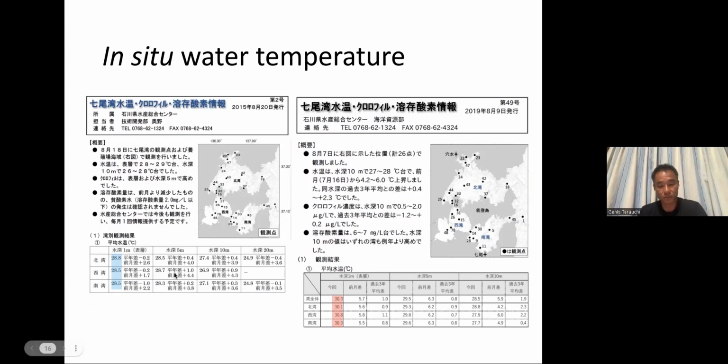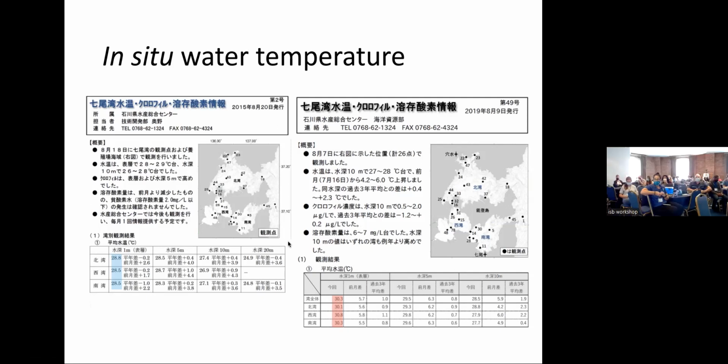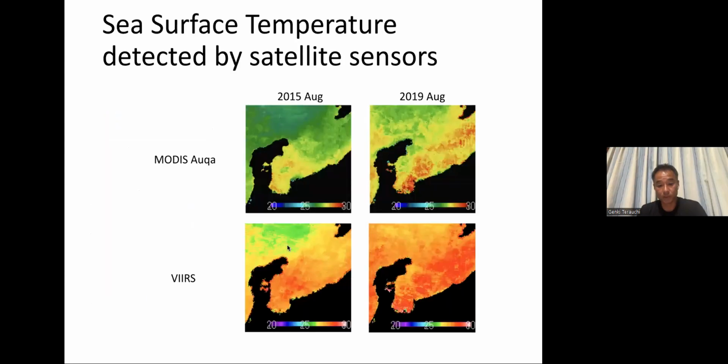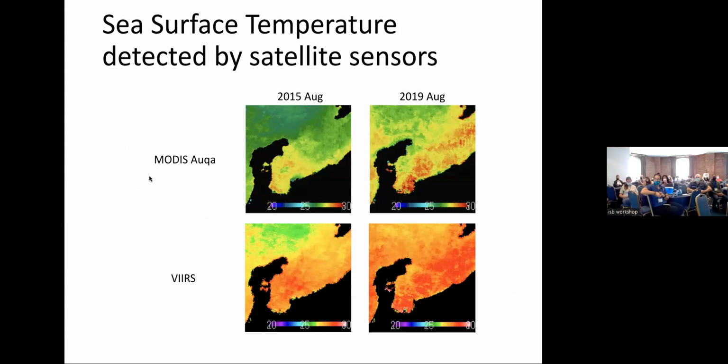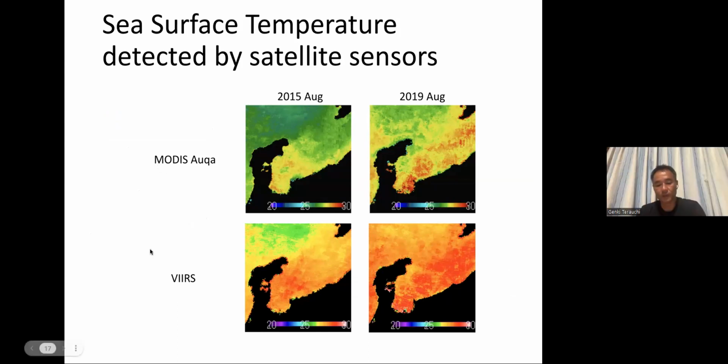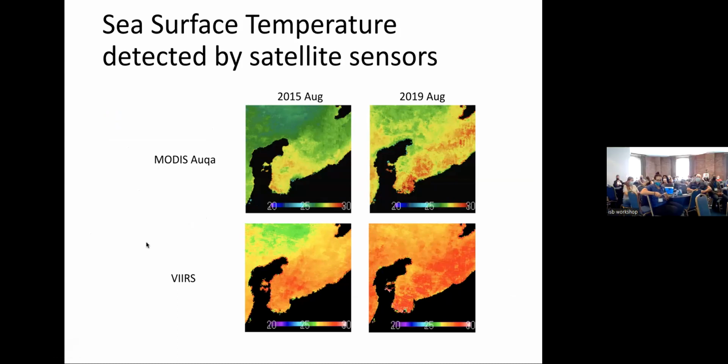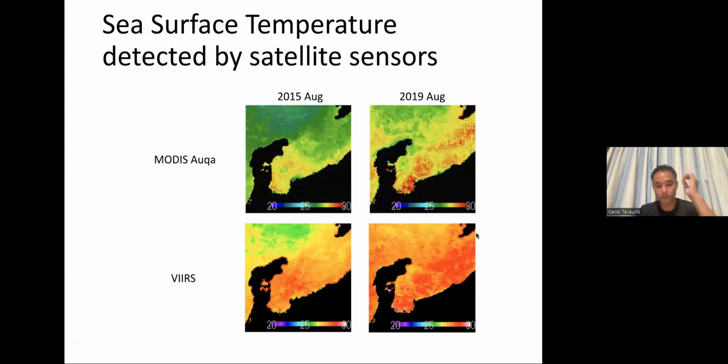So it was consistent, and it matches the claim of local scientists that more seagrass dies because of higher sea surface temperature. I also analyzed sea surface temperature images taken by remotely sensed data from 2 different sensors, and both sensors showed higher temperature in summertime in 2019.